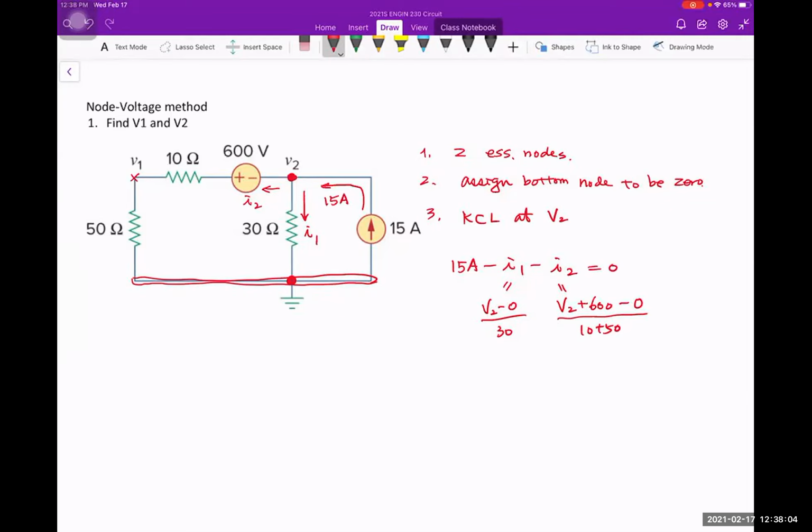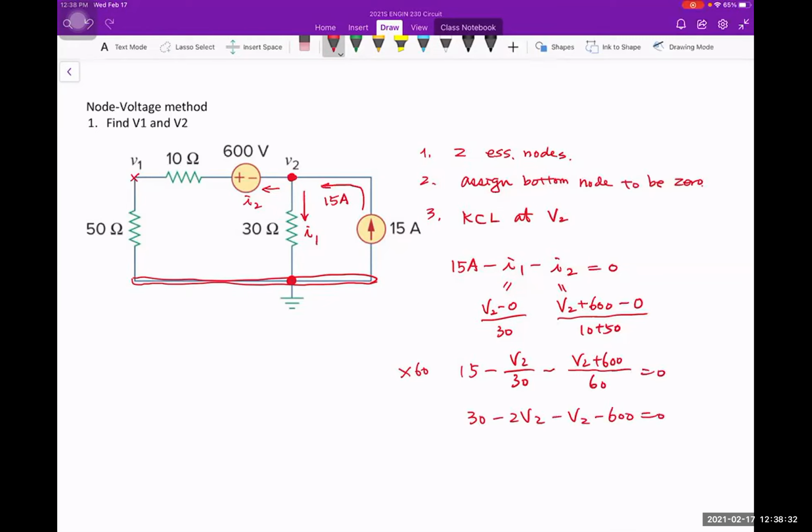Okay, so that would be 15 minus V2 divided by 30, plus minus (V2 plus 600) divided by 60, equal to 0. If I multiply the whole equation by 60, I got 30 minus 2V2 minus V2 minus 600 equal to 0.